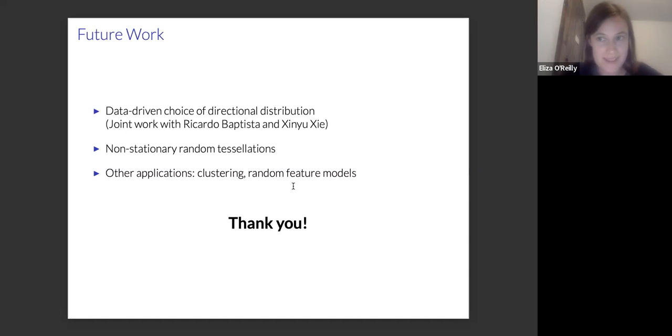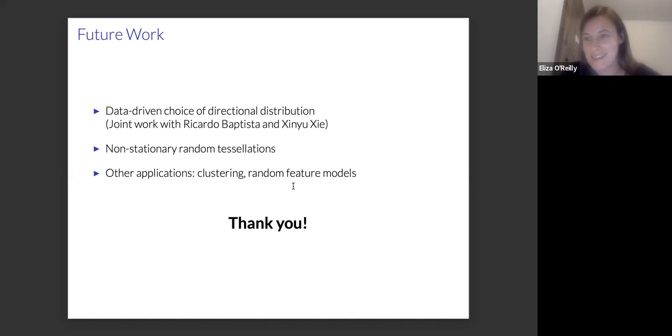There are a few papers that discuss non-stationary random tessellations, but I think the key there is to find a specific parametric class of non-stationary random tessellations that captures some sort of known data structure, or just some parametric class that balances expressivity with computational ability to actually compute an optimal set of parameters from that class.